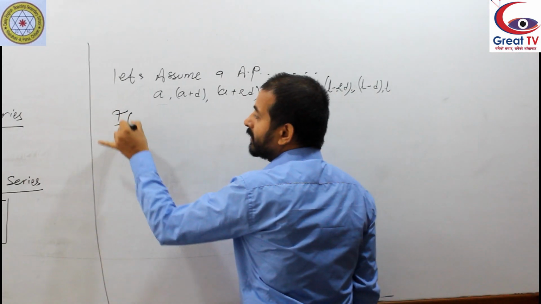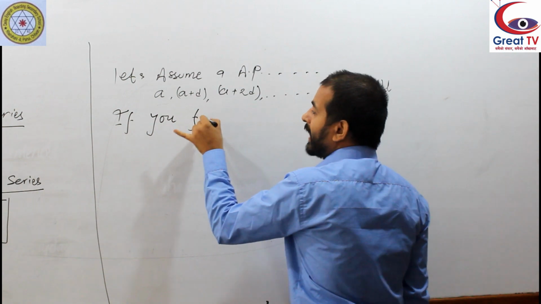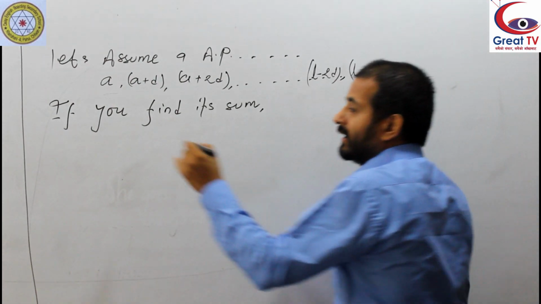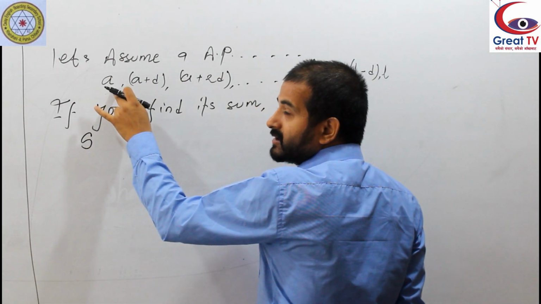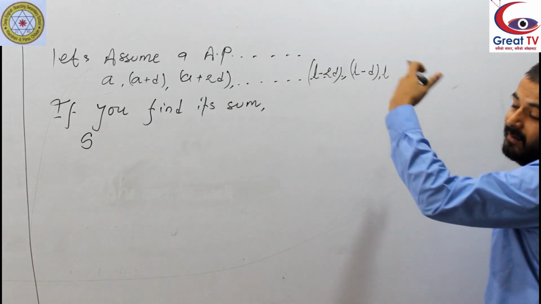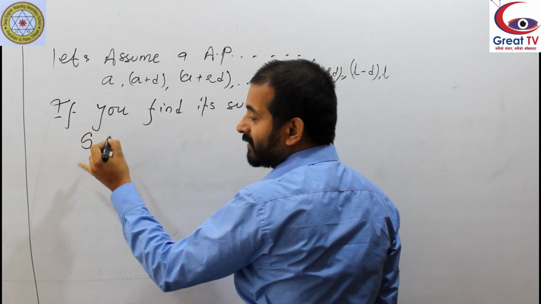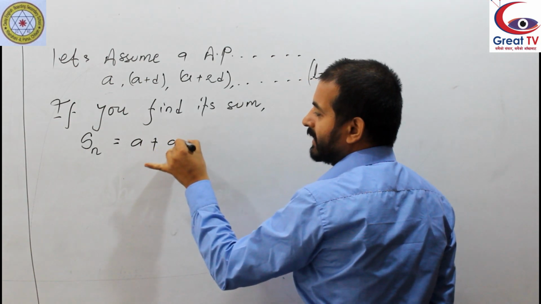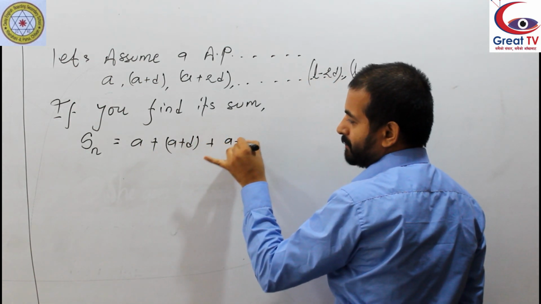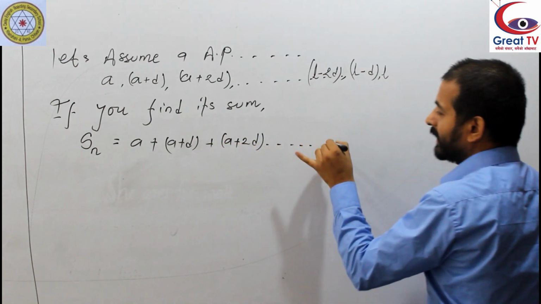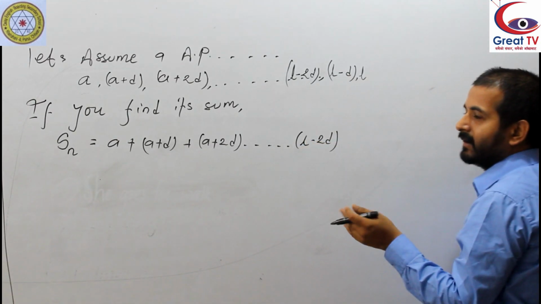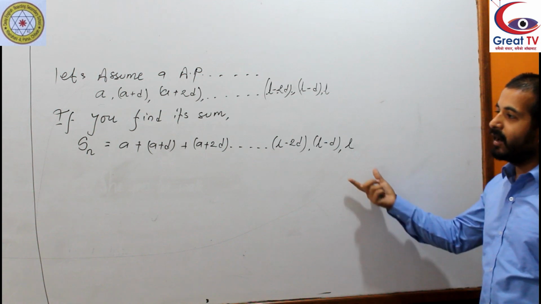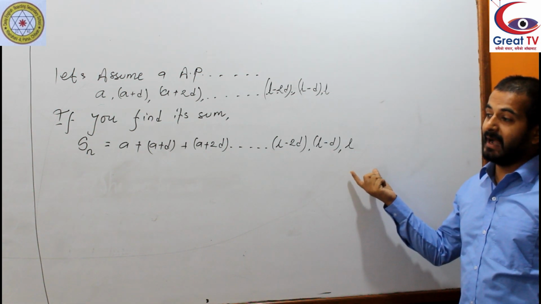Now if you find its sum, if you add it, from the first term to the nth term, because the infinite is generalized here by n, Sn equals a plus (a plus d) plus (a plus 2d), and in this way up to (l minus 2d), (l minus d), and l.